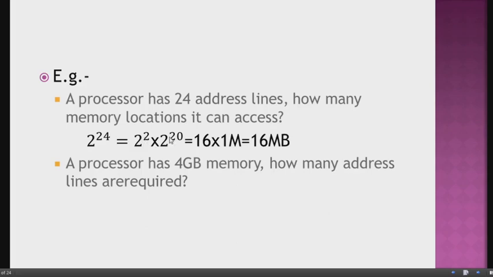In our previous slide we have seen 2 raised to 20 is nothing but 1M. So 2 raised to 4 is 16 and 2 raised to 20 is 1M. So the total memory locations that can be accessed are 16M.